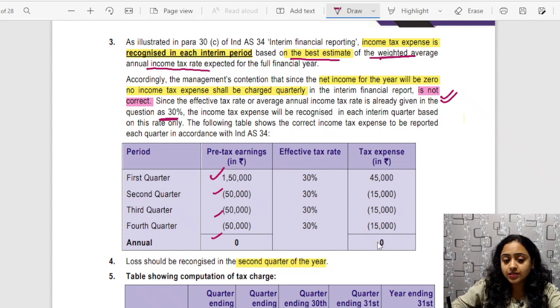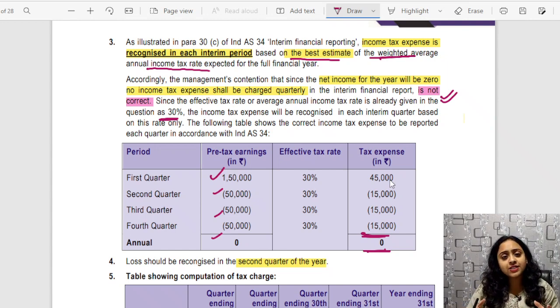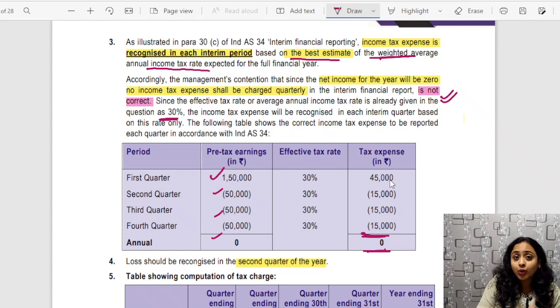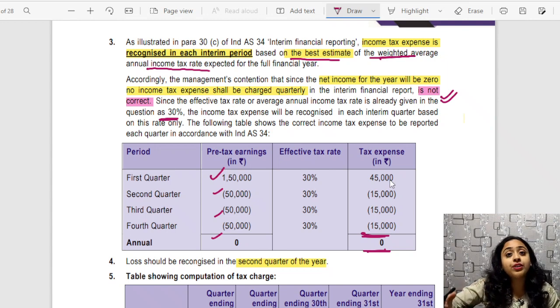Such amount comes. Okay, that is all, the tax for the year is zero, but still you have to charge it this way in the interim financial reports of each quarter. You cannot directly say that since there is zero tax for the whole year, I will not be charging anything in the quarter, because while preparing interim financial statement for quarter 1, you do not have any idea about quarter 2, quarter 3, quarter 4.